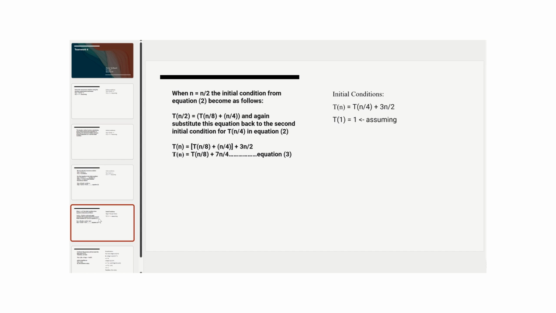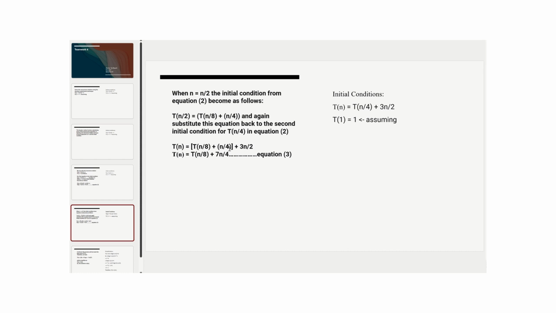Again, when n is equal to n/2, the initial condition from equation 2 becomes T(n/2) is equal to T(n/8) plus T(n/4). And again, we substitute this equation back into the initial condition in equation 2.